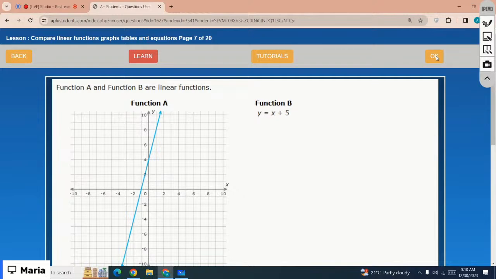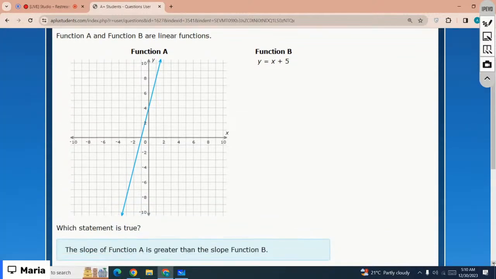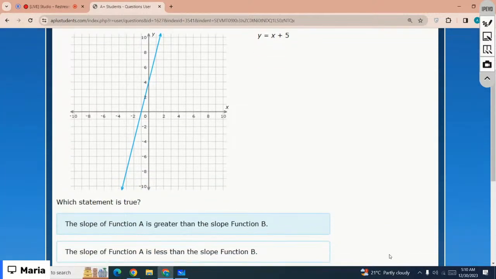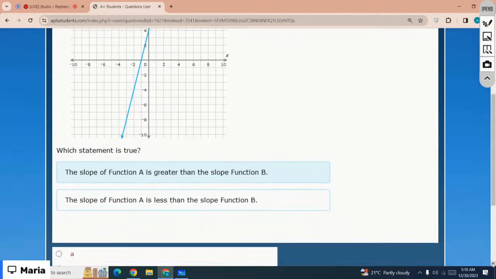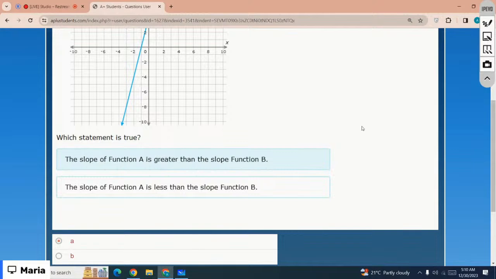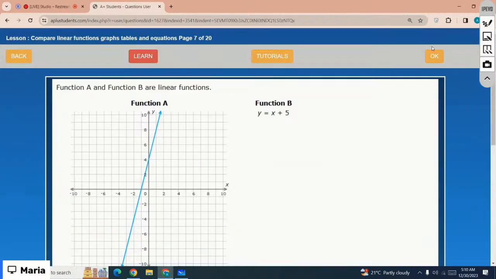The correct option is the slope of function A is greater than slope of function B. So option number A is the correct option. A is the correct option. Got it?